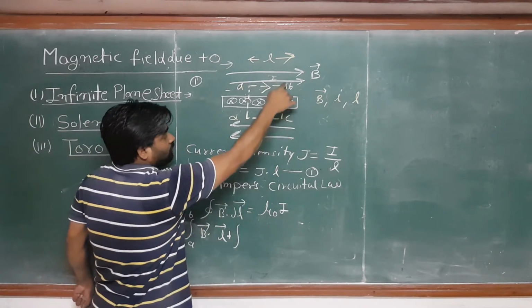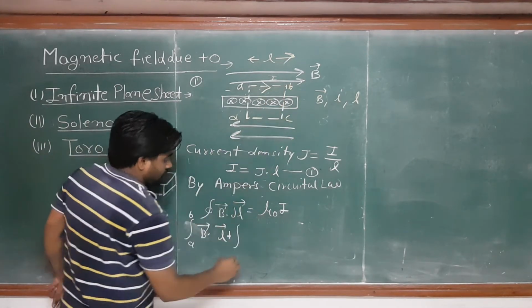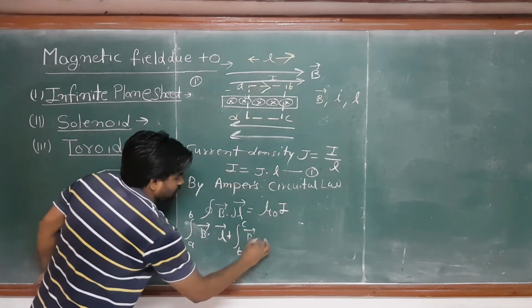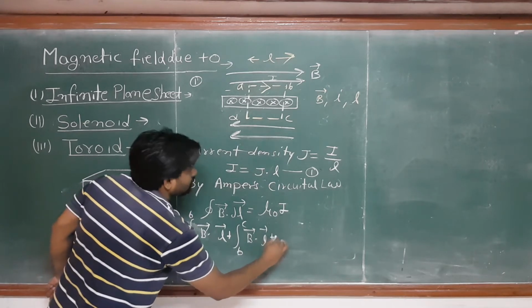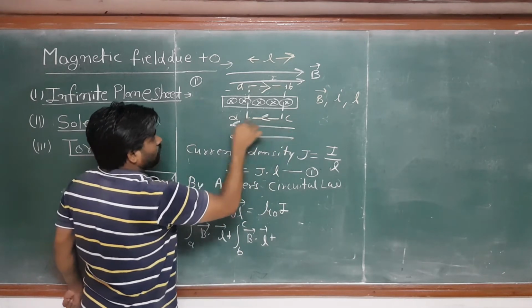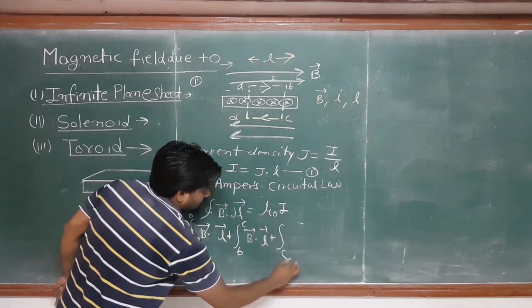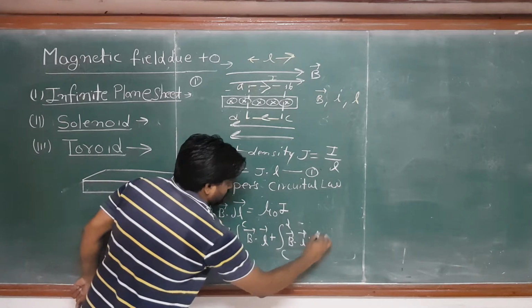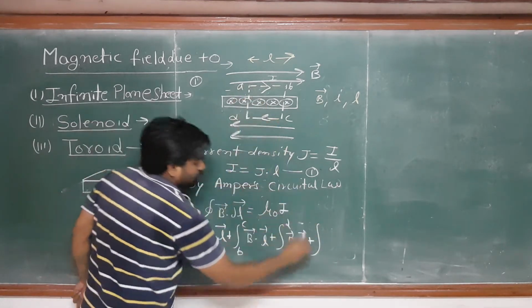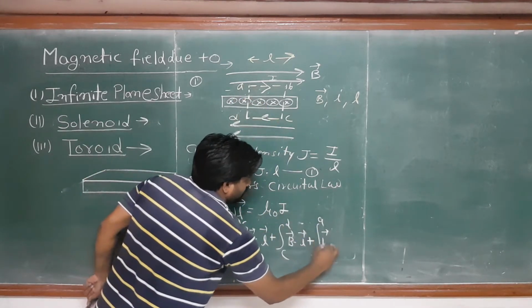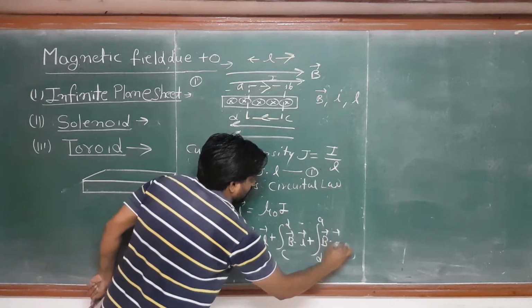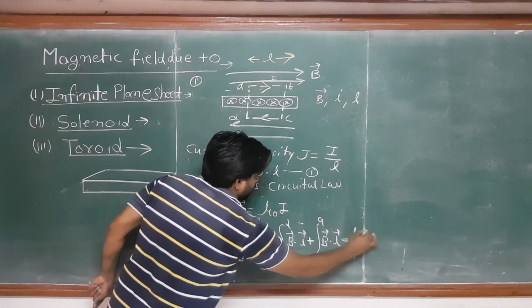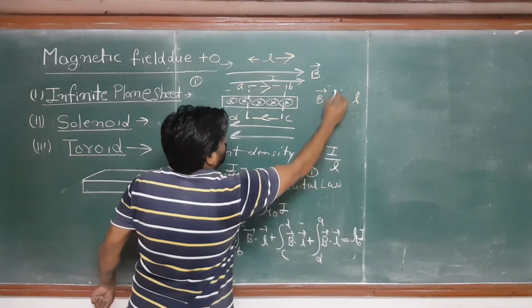The current is moving from B to C, so I have to integrate from B to C, vector B dot vector L, the side again being L. Plus CD, the current is going from C to D, so vector B dot vector L, plus DA, vector B dot vector L, which is equal to mu naught I. So I will write here the capital I.